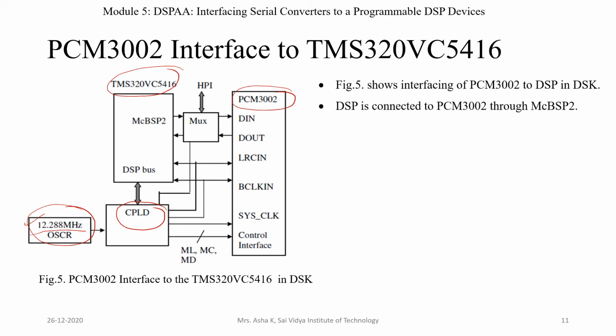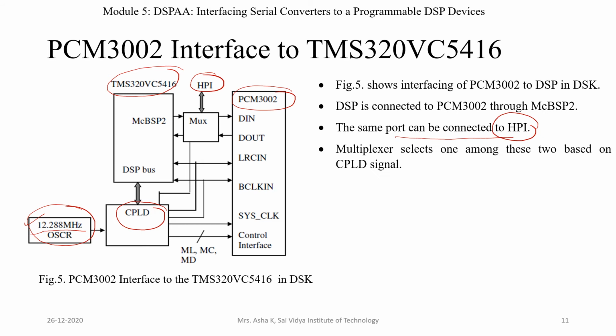DSP is connected to PCM3002 through a multi-channel buffered serial port. The same port can be connected to host port interface. The multiplexers available here select one among these two based on the CPLD signal that we have connected.